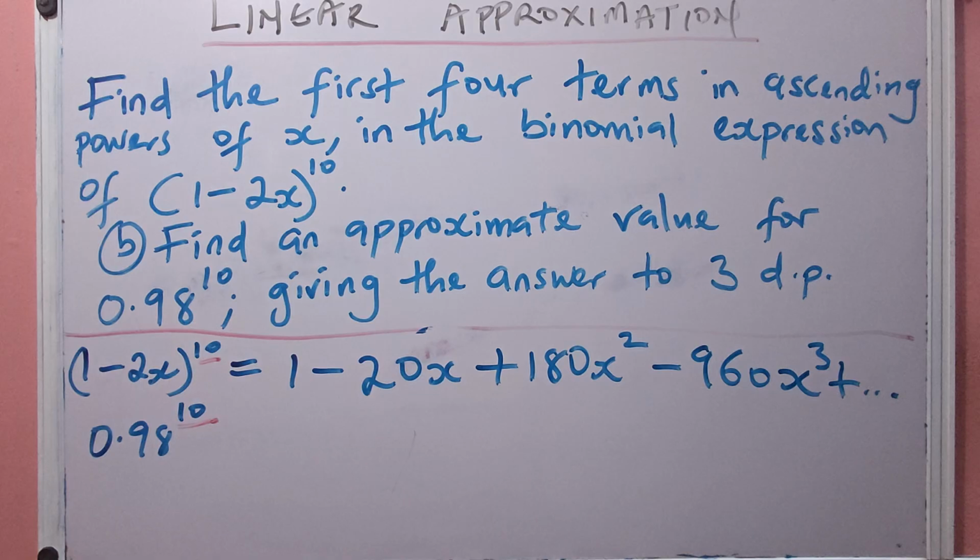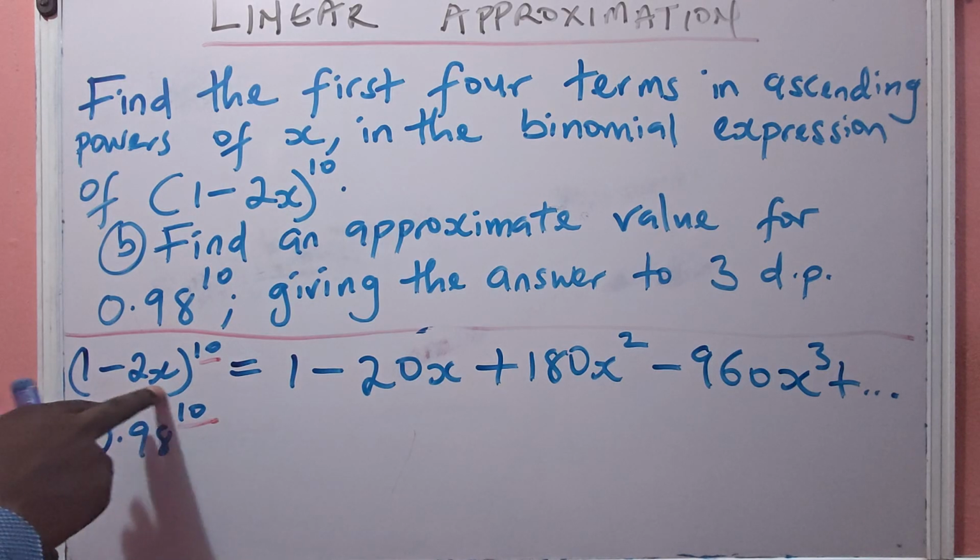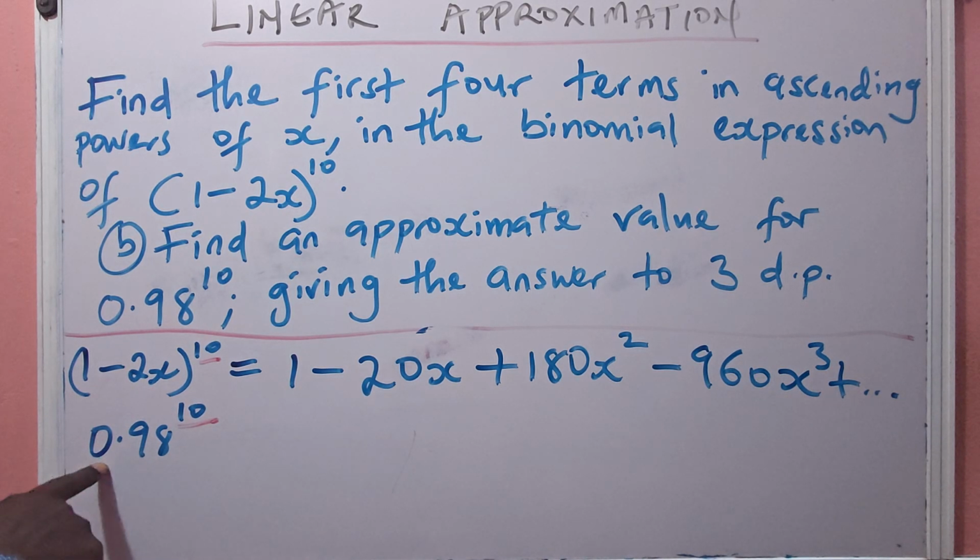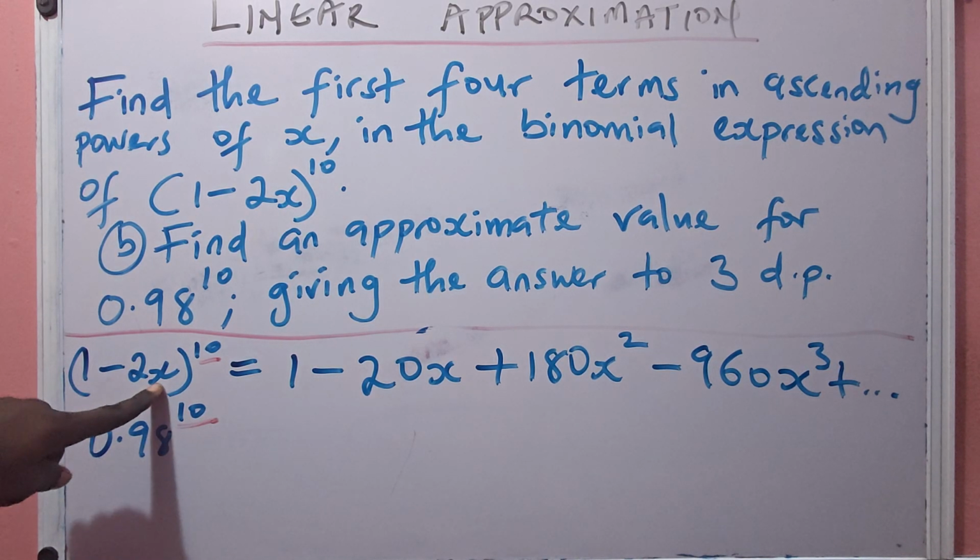So we can go on now to use the concept of linear approximation to get our values. Now, what we have to do here is, if you look at this place, we can see 1 minus 2x here. We can see 0.98 here. Both are raised to the power of 10. So what we need to then ask ourselves is, what will be x?